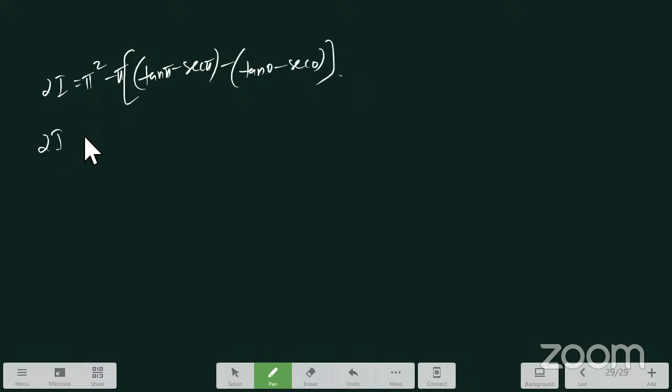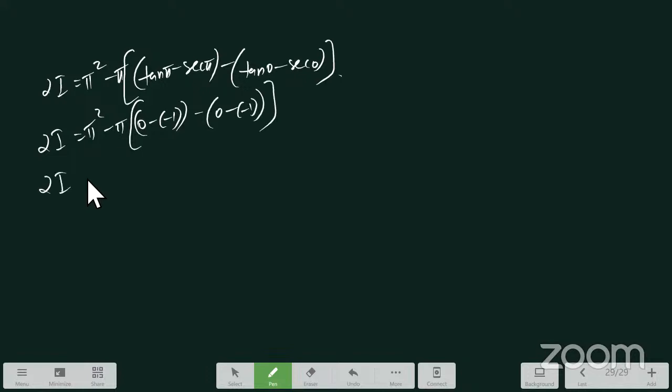So 2I equal to pi square minus pi. Tan pi is 0 minus of minus 1, secant pi is minus 1. Minus 0 minus of minus 1, sorry, secant 0 is plus 1.